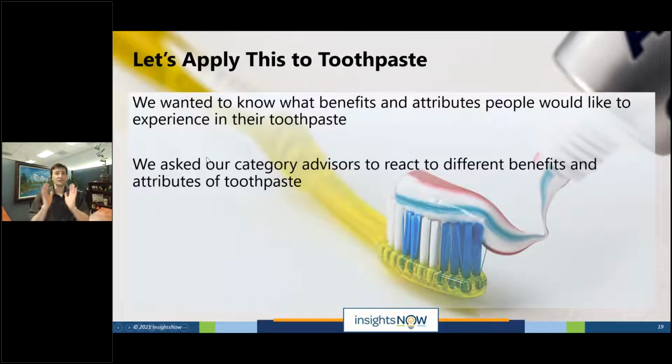All right, so let's put some context to this. Let's focus on a study that we did on toothpaste. What we wanted to know were what attributes people would like to experience in their toothpaste. So we asked our category advisors panel, who we know buy and use toothpaste regularly, to react to different benefits and attributes of toothpaste.